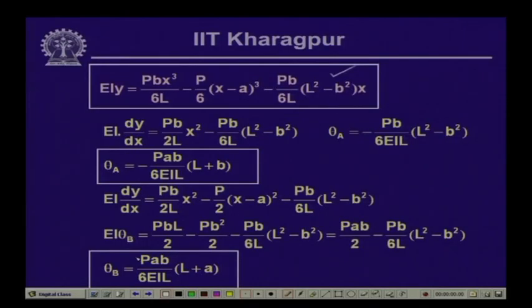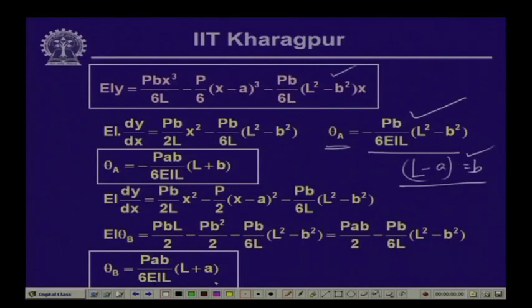Now, if we would like to find the slopes at the two ends, at A and B, theta a we can compute from the first expression, and we get dy dx as P b by 6 E I L times L square minus b square, noting that L minus a equals b.